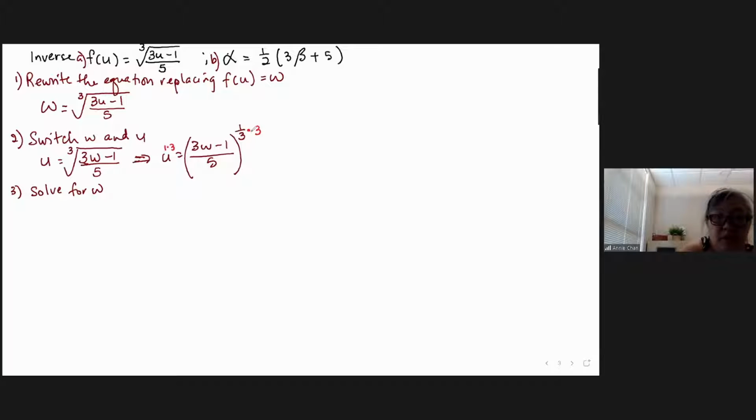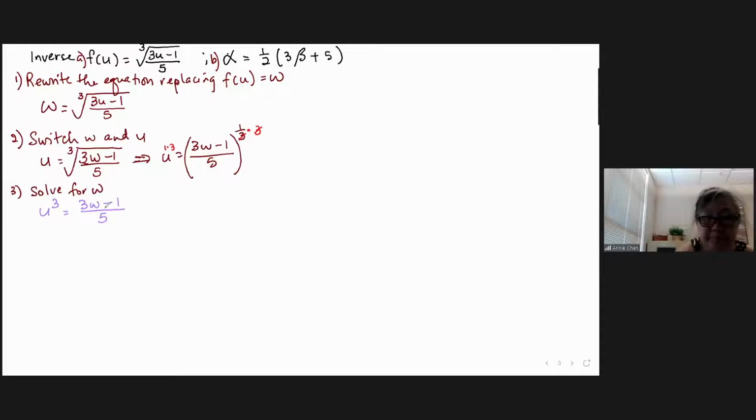So that I will make this power equal to 1, because 1/3 times 3 equals 1. So when I reduce this to the power of 1, this one is increased to the power of 3. Stop me if you're not understanding. U to the third equals 3W minus 1 over 5. See how clean it is now?